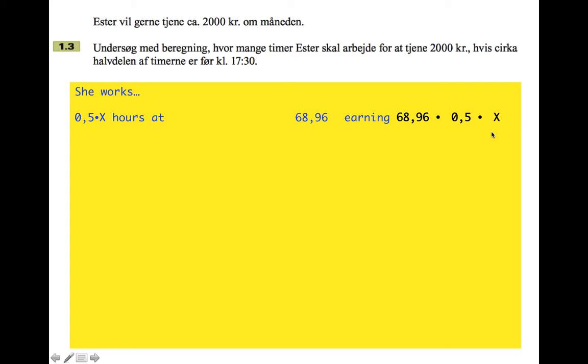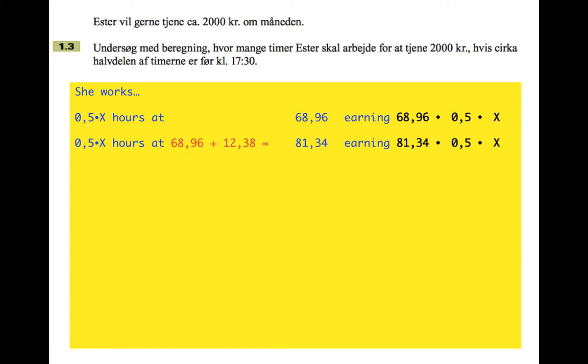And then she works another 0.5X hours, the other half X of the hours, at the higher rate, 68.96 plus 12.38. So for the other half of the hours, she's earning 81.34 per hour. So in total for those hours, she earns 81.34 times half times X. Half there because it's only half of the hours she's working at that rate.